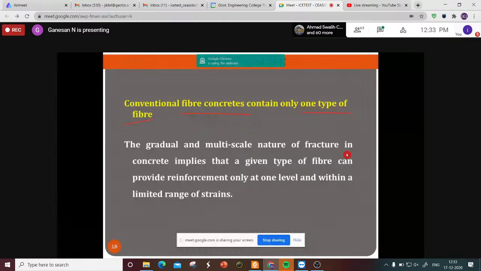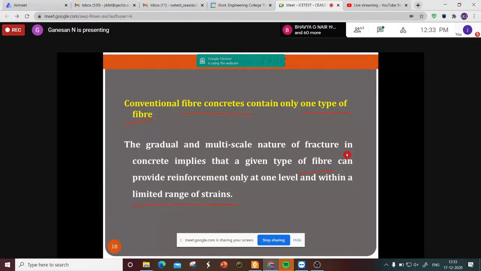The gradual and multi-scale nature of fracture in concrete implies that a given type of fiber can provide reinforcement only at one level and within a limited range of strains. So when you use only one fiber, what happens? This cannot fulfill several criteria like microcracks, macrocracks and so on.